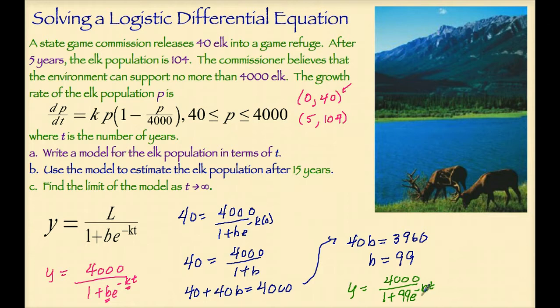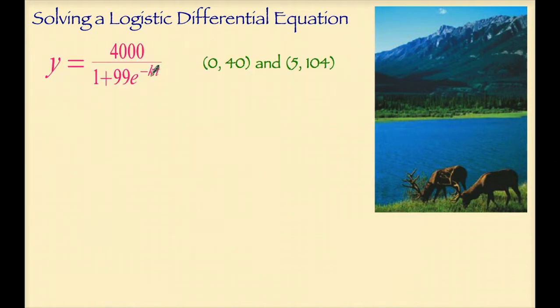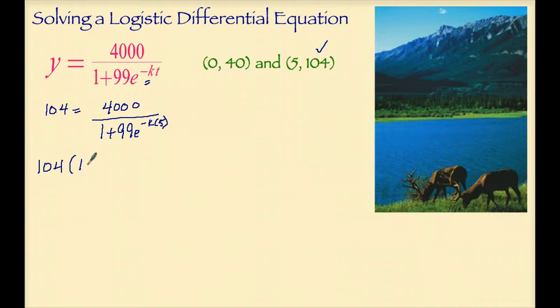Now we'll have to use our second initial condition to solve for k. In order to solve for k, I'm going to use the second initial condition, 5, 104. This will give me 104 equals 4,000 over 1 plus 99 e to the negative k times 5. Cross multiplying will result in 104 times the quantity 1 plus 99 e to the negative 5k equals 4,000.